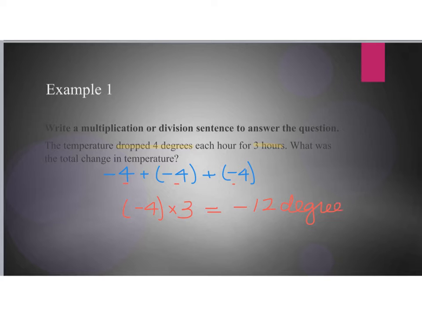Now remember, with multiplication and division, if you multiply one number by a negative and the other number is a positive, then you're going to end up with a negative answer. If both products are positive or both are negative, then your overall answer will be positive.